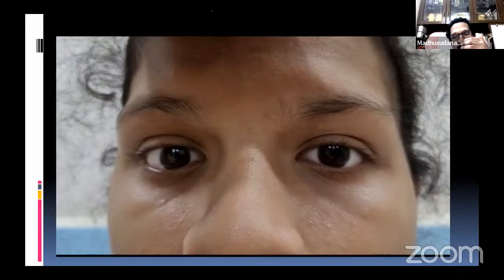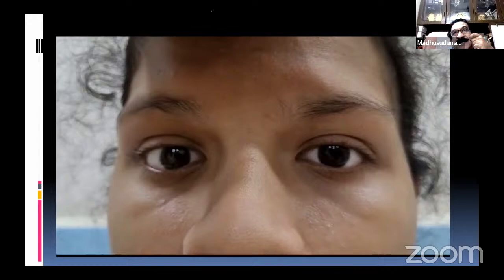So from whatever video is available, it looks like the eye movements are normal. So what does it tell you? It's not a pediatric squint. Okay, that much is certain. So it can be concomitant squint, just like the previous patient, alternate fixator. What else is possible? It can be an inferior oblique overaction.